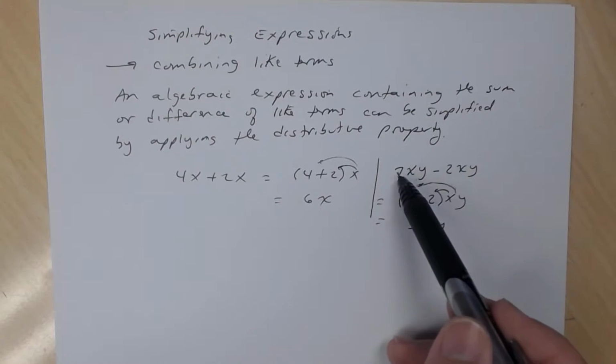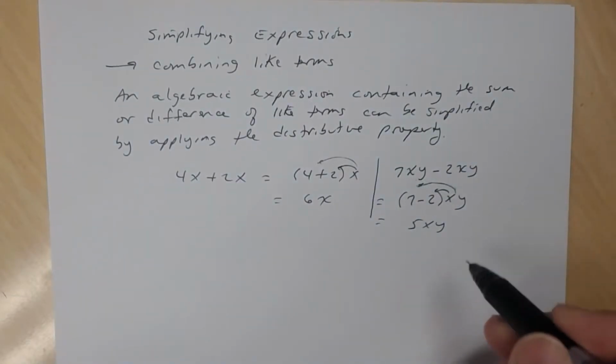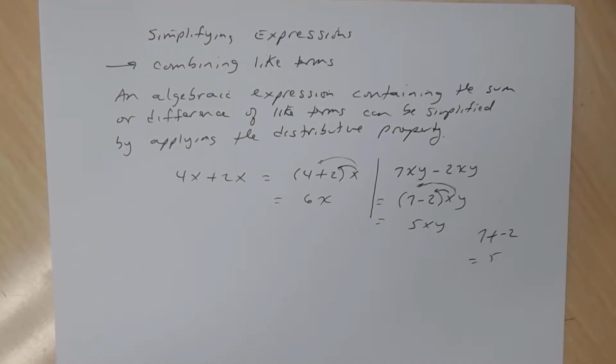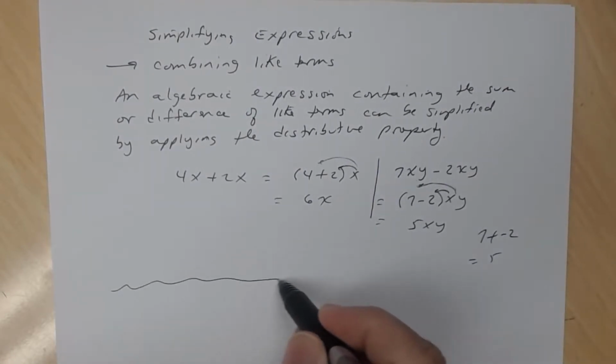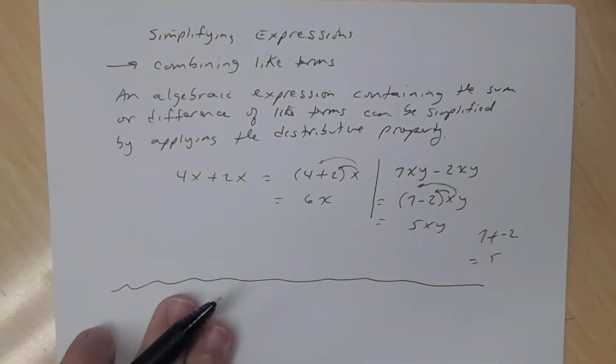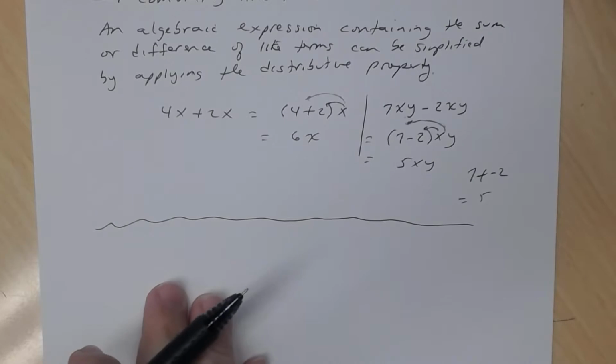So you're saying 7 plus a negative 2, and 7 plus a negative 2 is 5. Therefore it's 5xy. We're going to use this idea about adding or subtracting their coefficients in these problems. It's not a difficult lesson, it's fairly easy to do.